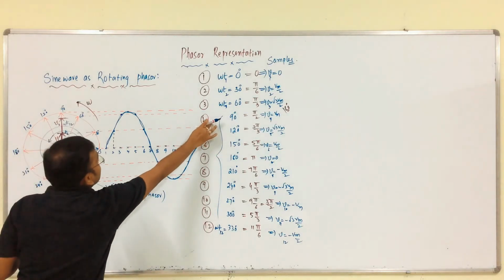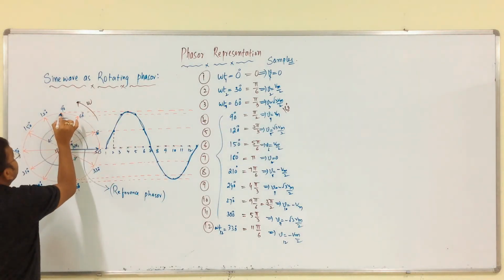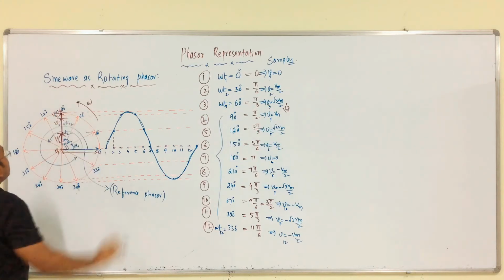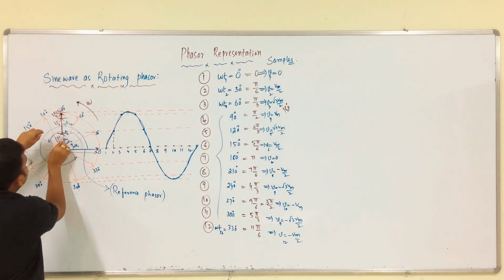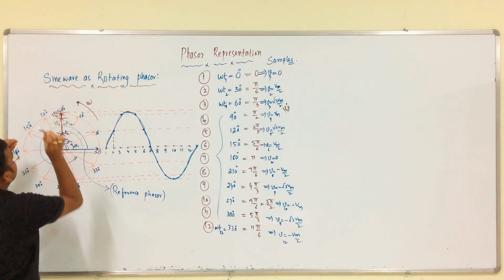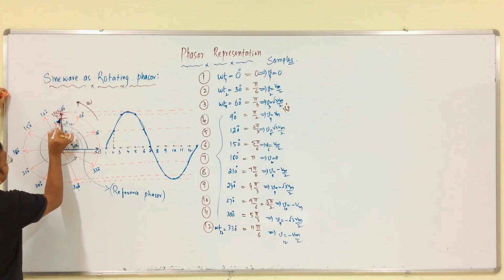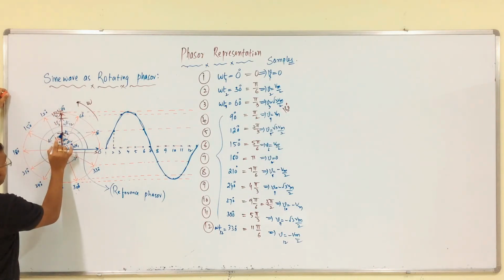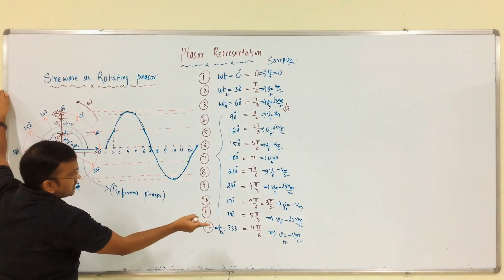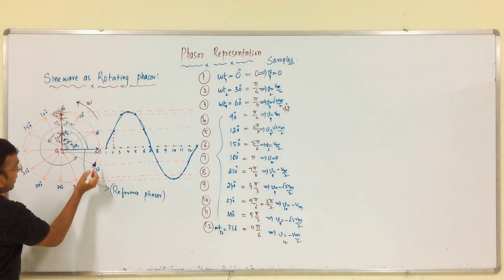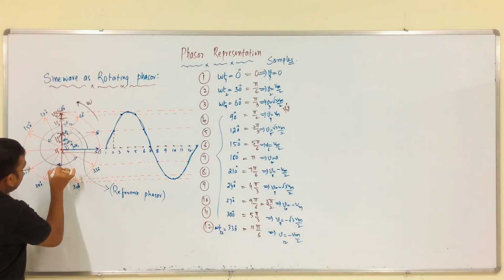Again, the fourth instant is what? Pi by 2, that is the maximum value Vm. This is V4, which is equal to Vm only, the maximum value. See, first instant is 0, second instant V2, then 0.866, again Vm. Later, for 120 degrees, 0.866, again half. Next, coming to the negative half cycle, if we consider 210 degrees, we will get minus Vm by 2, right?